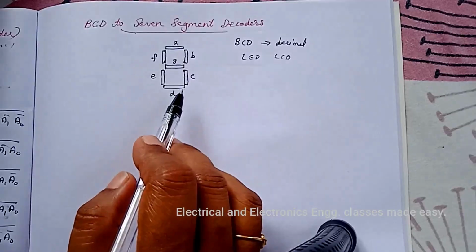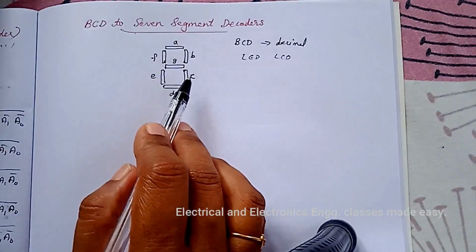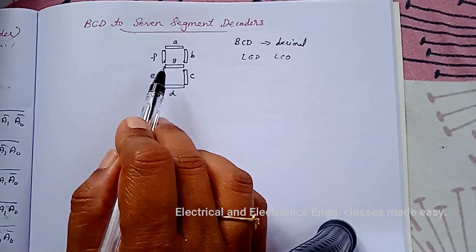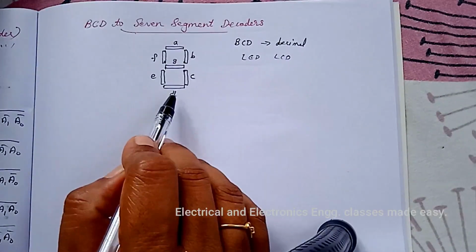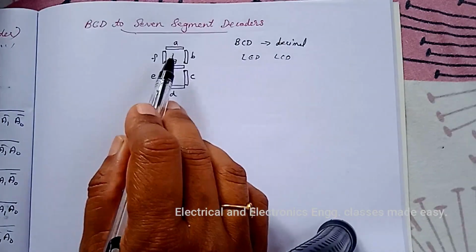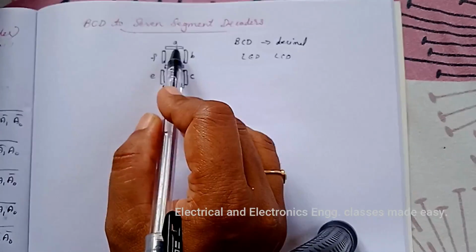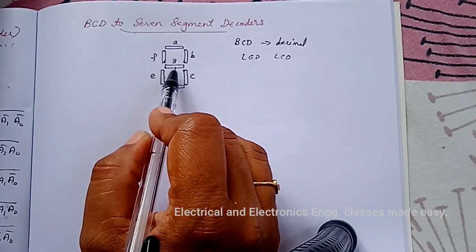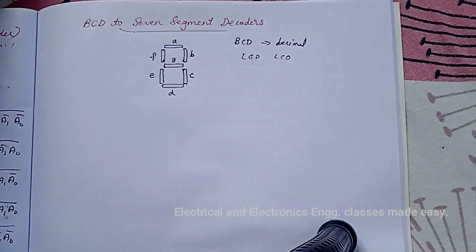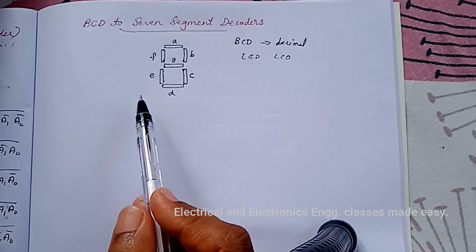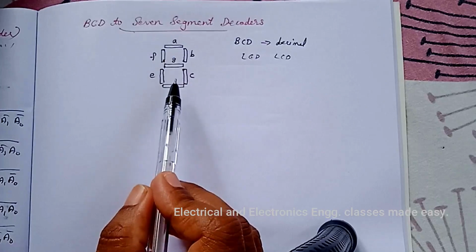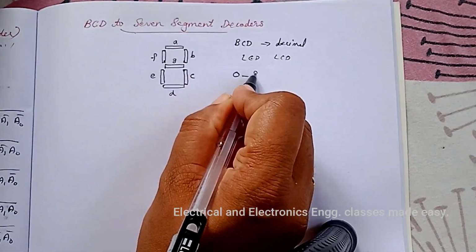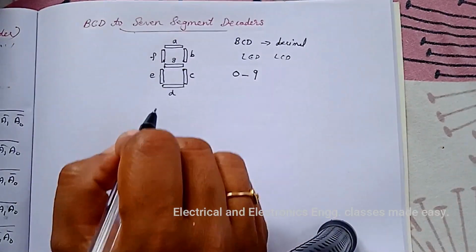So this is the figure that shows a 7 segment display consisting of 7 light emitting segments, and the segments are designated by the letters A, B, C, D, E, F and G. By illuminating various combinations of segments, the numbers 0 to 9 can be displayed.